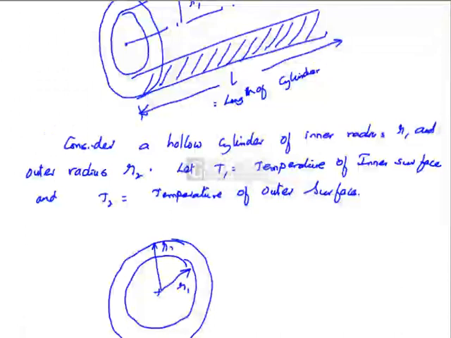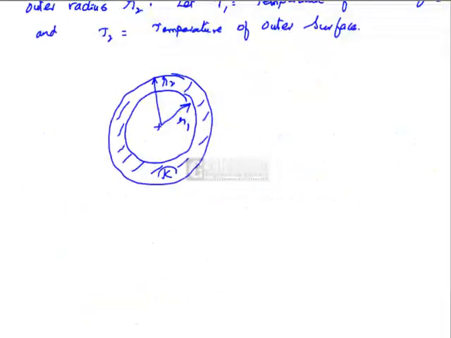R1, this is R2, K is the conductivity, T1 is the temperature of the inside and T2 is the temperature of the outside surface. Heat transfer is taking place radially outwards from the inside surface to the outside surface.